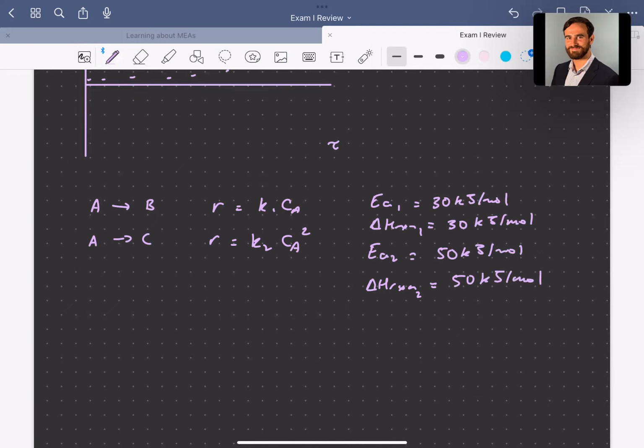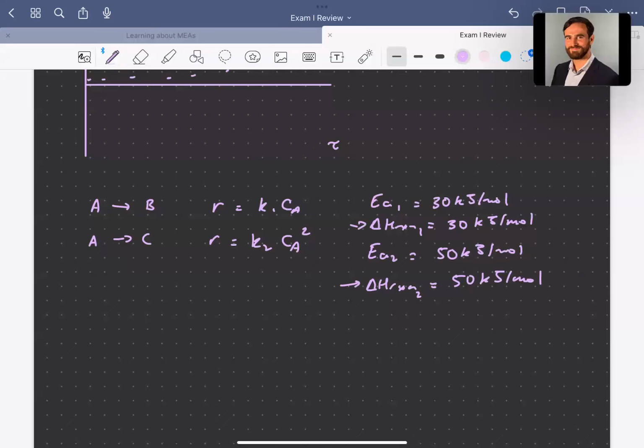We could say, for example, if C is our desired product, we could ask the question of whether we should operate isothermally or adiabatically.